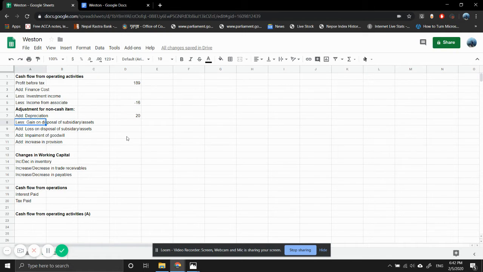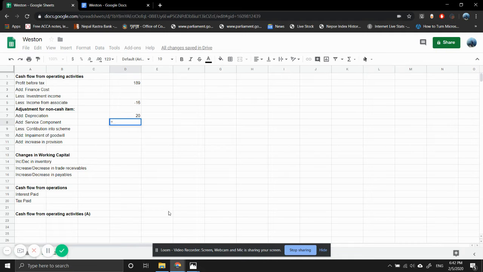Let's remove this, we don't need it. What we need is the service component, and then the contribution into the scheme.